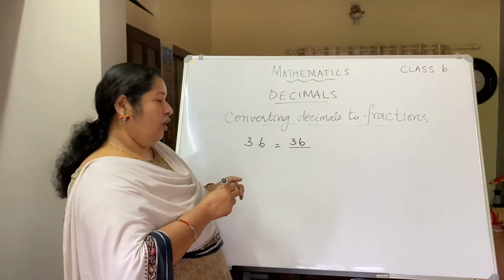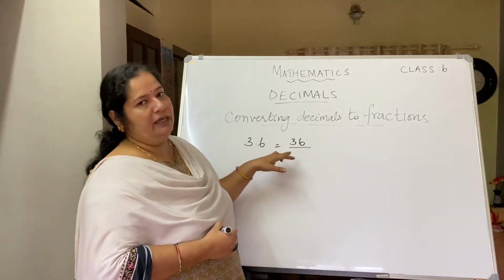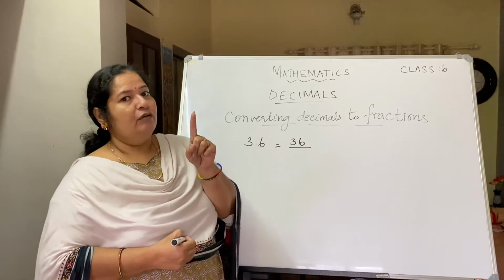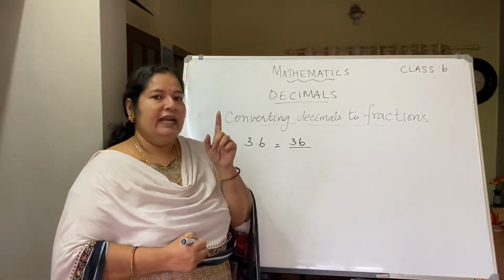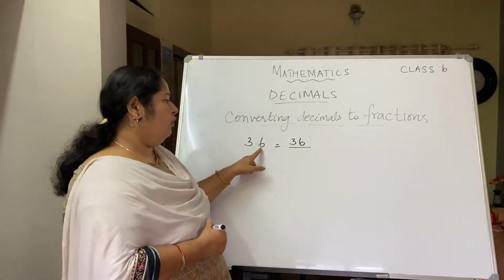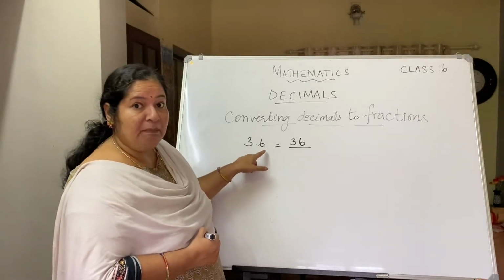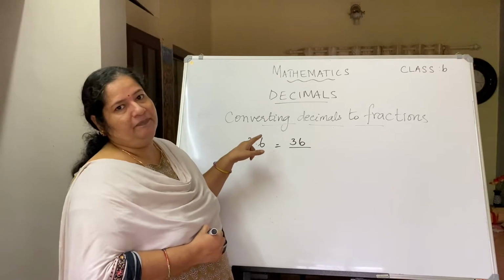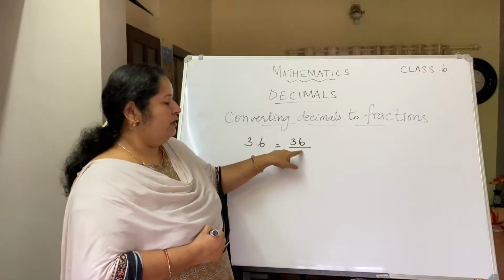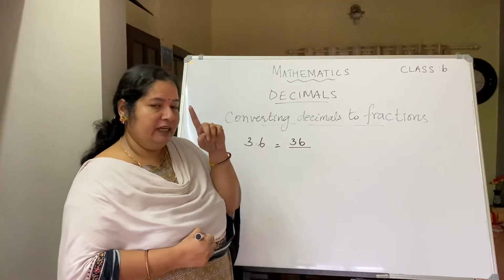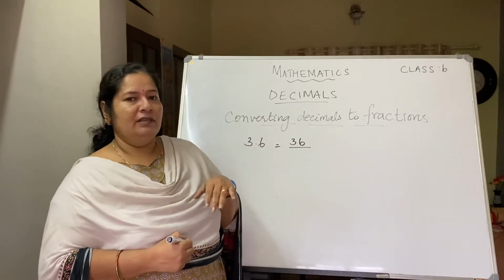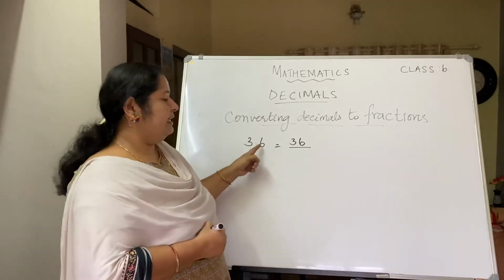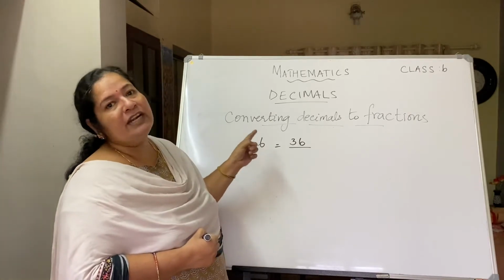And the denominator of the fraction will be 1 followed by a number of zeros depending upon how many decimal places there are.